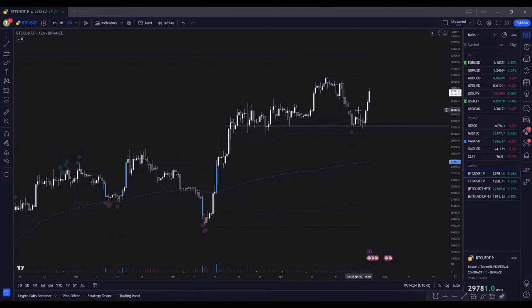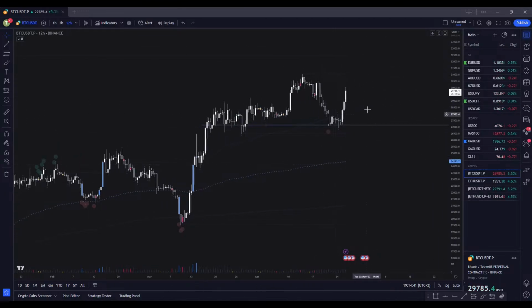It seems like it's taking the main spot, and it's not really changing all that much. I had my fair share this year of longing altcoins when Bitcoin would be a much better bet to the upside. So I'm trying to stick to that.